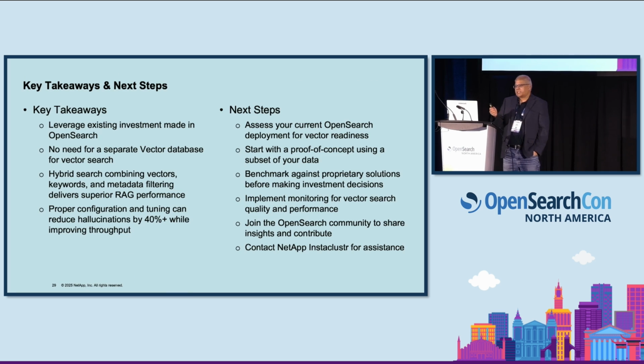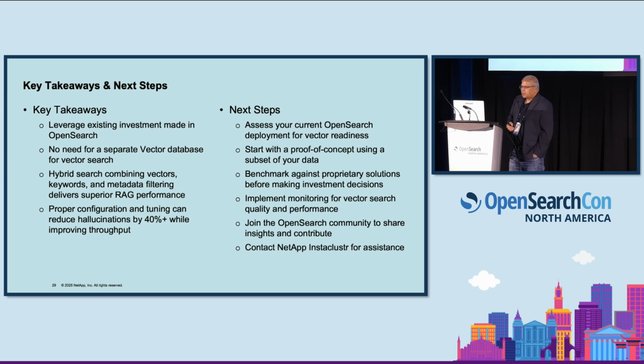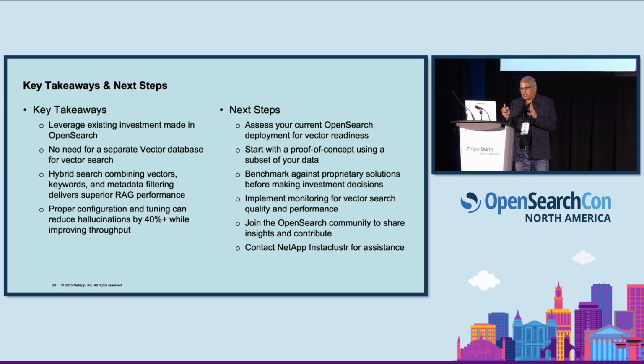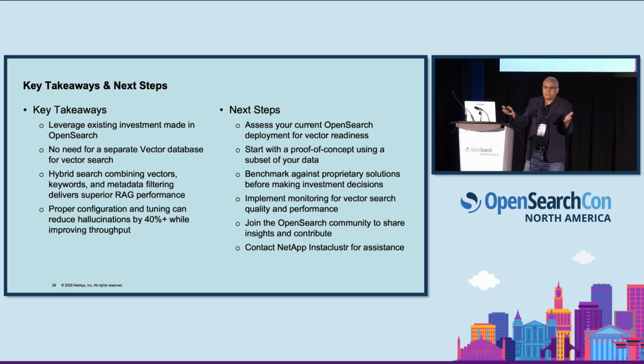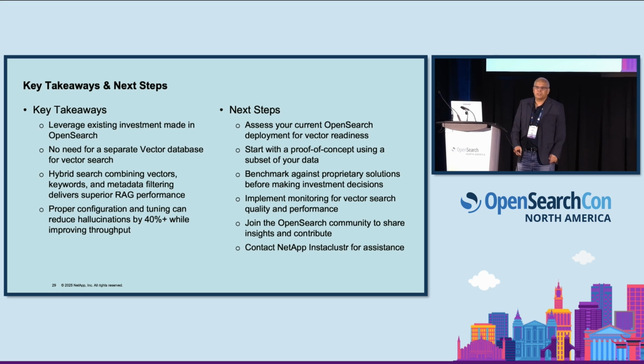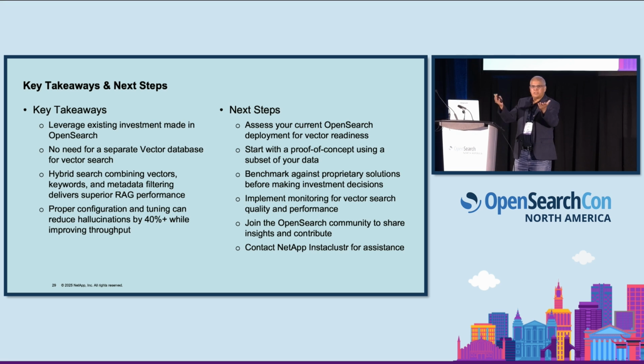So the next steps. The key takeaways for this session are: you are at an OpenSearch conference, so you already are using OpenSearch. You have already invested in OpenSearch, and you can leverage that. If you want to reduce hallucinations or use RAG, you can always exploit the existing investment.